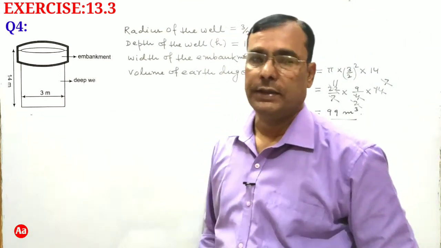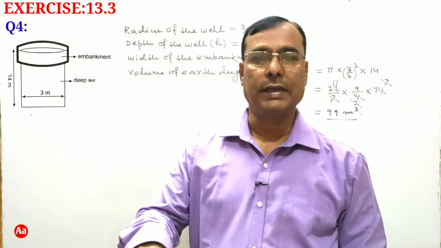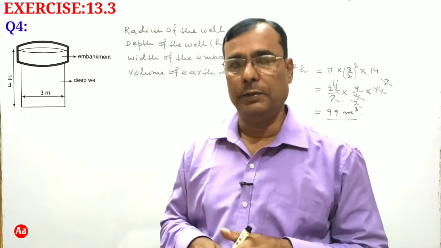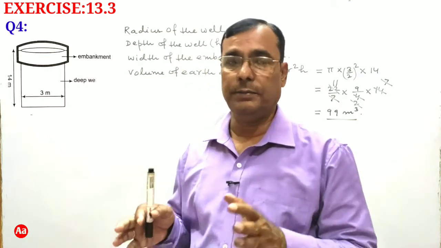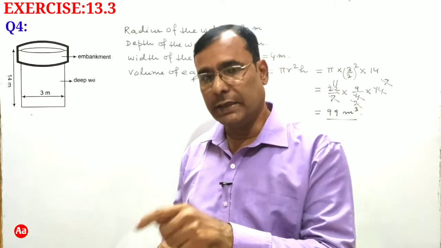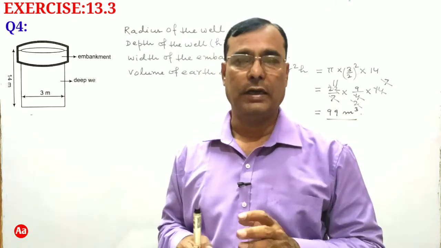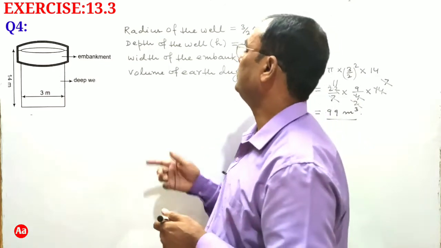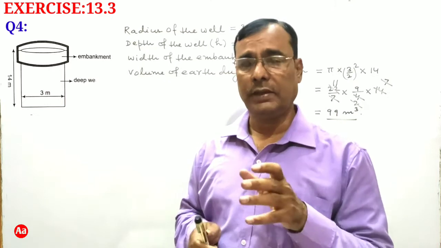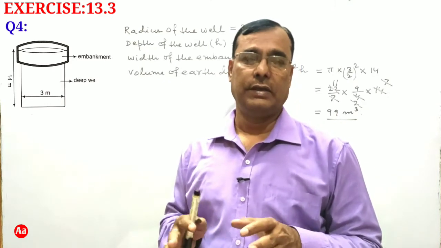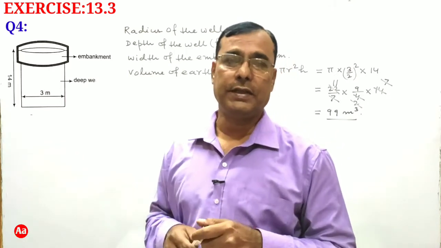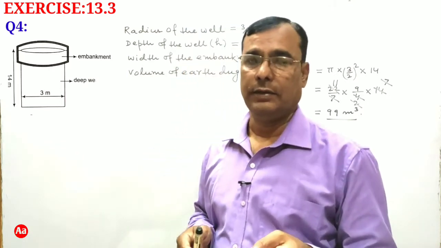Now see the embankment, it is in the form of circular ring of width 4 meter. So volume of the embankment will be, volume of embankment is in the shape of cylinder. So volume of inner cylinder minus volume of outer cylinder. Volume of inner cylinder will be pi r square h and volume of outer cylinder also will be pi r square h, only difference will be of their radii.